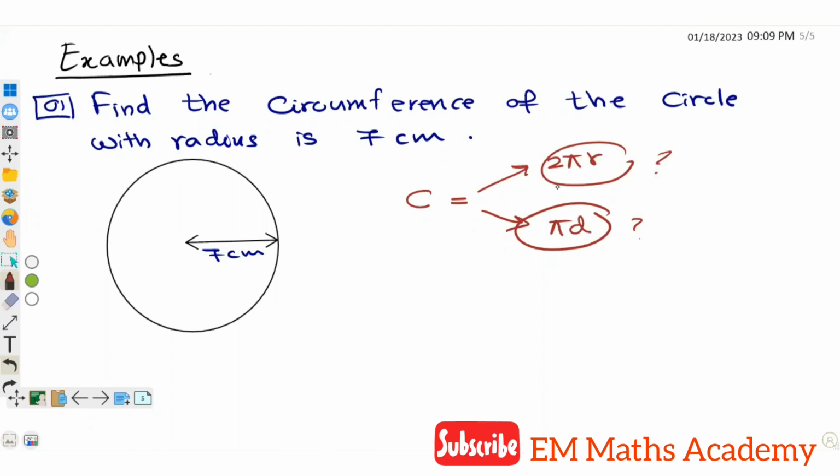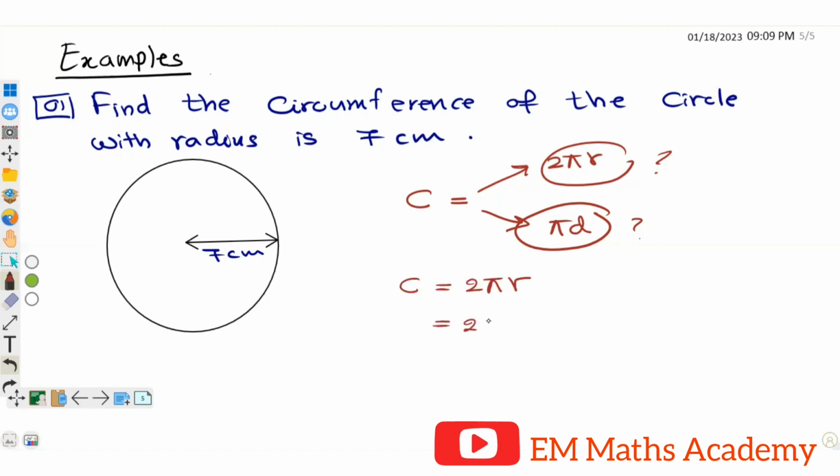How do we identify that? What is the formula that we have to use to find the circumference of this given circle? 2 pi R. We can go to pi D also. By finding the diameter, we can find the circumference. But directly we can apply this C equals 2 pi R, because they have given the R.